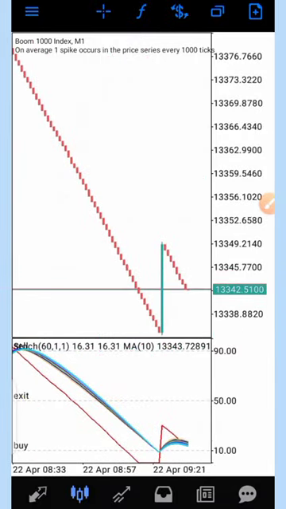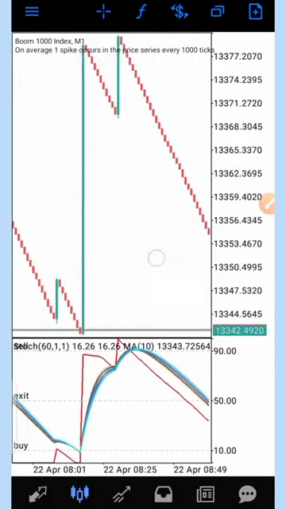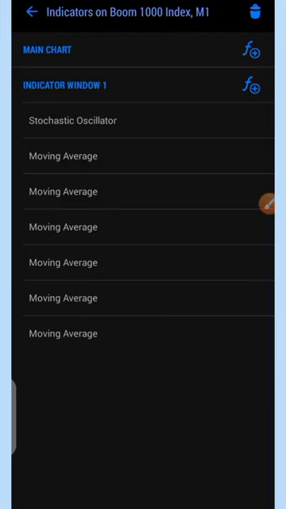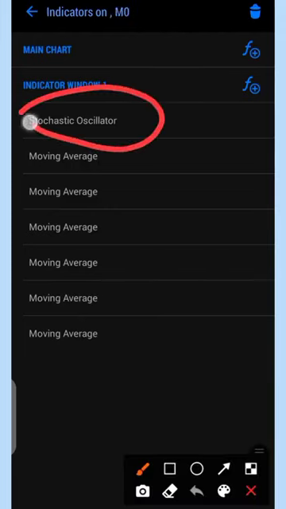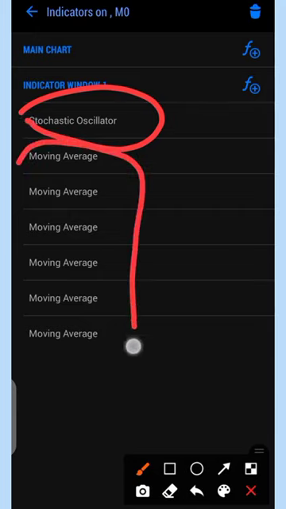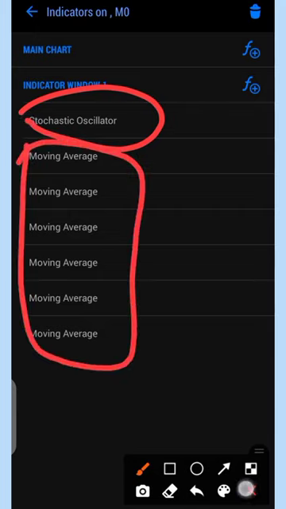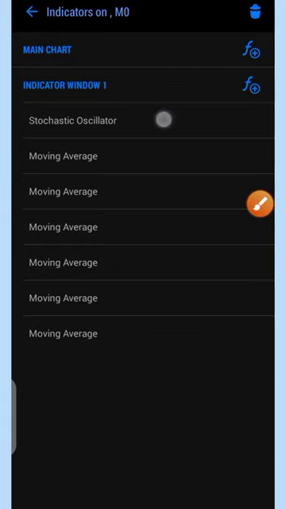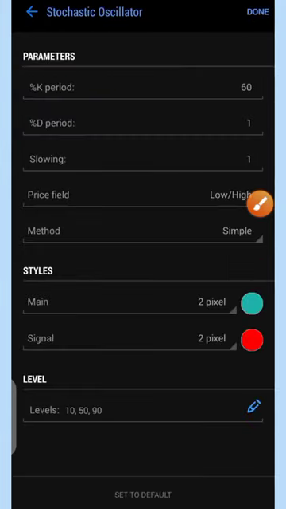So guys, let me quickly show you what's made up of this strategy. You can see the stochastic and the moving averages. I'm going to click on each one so you can take a screenshot to note the setup. These are the settings for the stochastic.